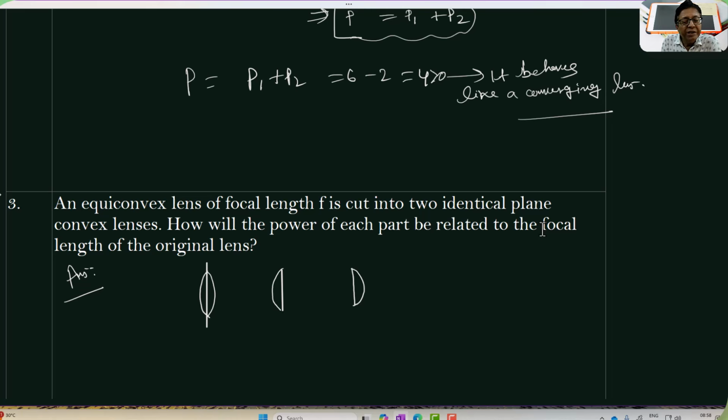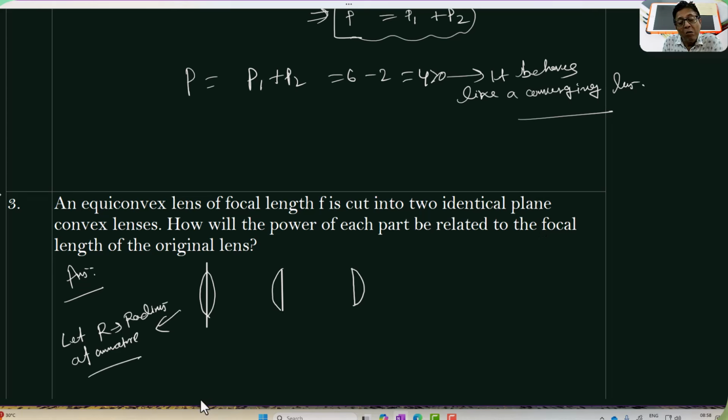This is not a difficult one. Here, for the radius of curvature, first assume equiconvex. Let R be the radius of curvature.